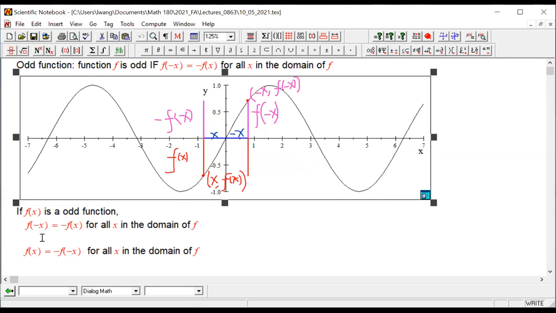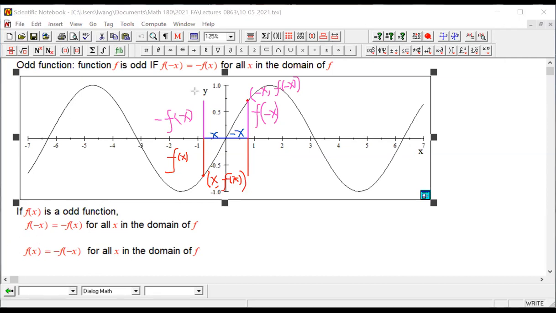So what the definition says here is f of a negative x is equal to negative of f of x. What it is saying is f of a negative x, which is this guy, is the same as negative of f of x, which is this guy.